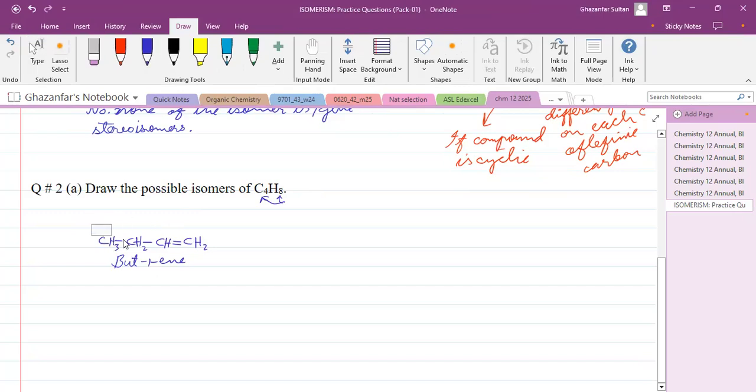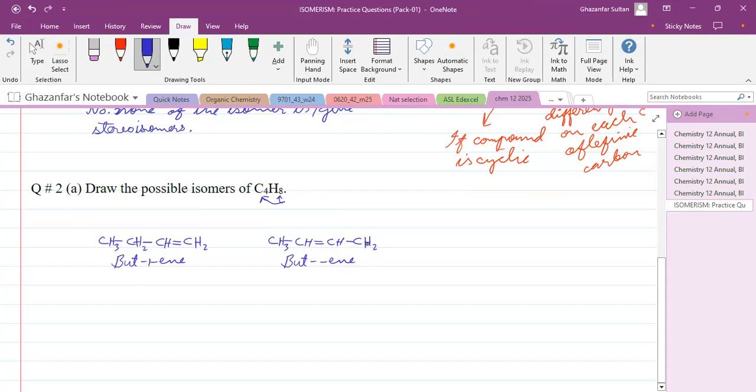And another structure that is possible here is 2-butene. How? Again, draw in the same way, and the double bond should be between the second and the third carbon atom.